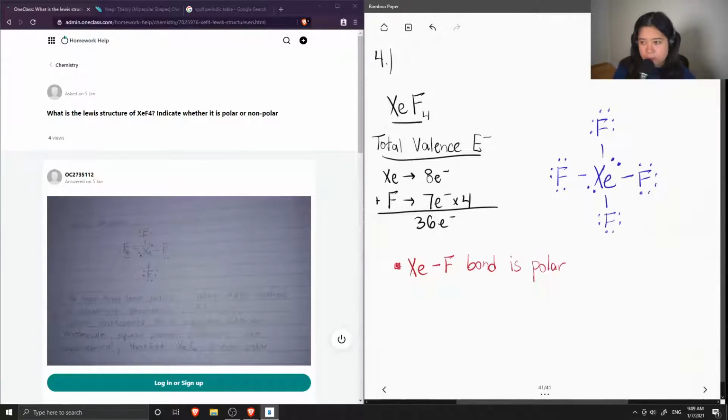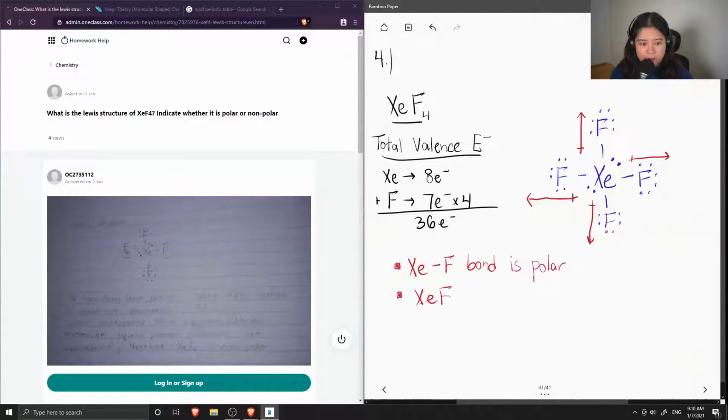But if we look at the overall molecule, because fluorine is much more electronegative, I can show dipole moments all pulling electrons towards the direction of the fluorine atoms. But since this molecule is symmetrical, all of the dipole moments cancel each other out.